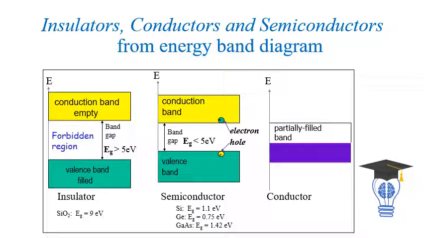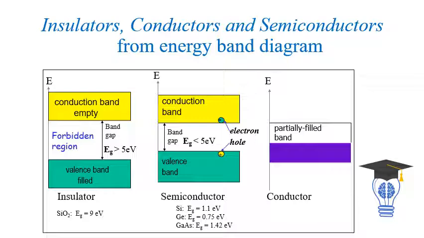It can be very easily explained by the diagram shown in the slide, called the energy band diagram, where you have a valence band and a conduction band. The valence band contains electrons.